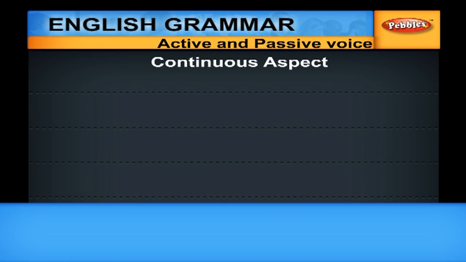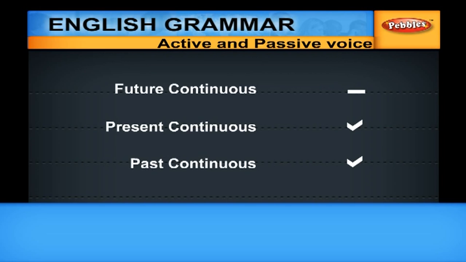Now, how to make the change in case of continuous aspect? Future continuous will not have the passive voice. Passive voice is possible only with present continuous and past continuous. Always remember that. Here too, you have to use the past participle.